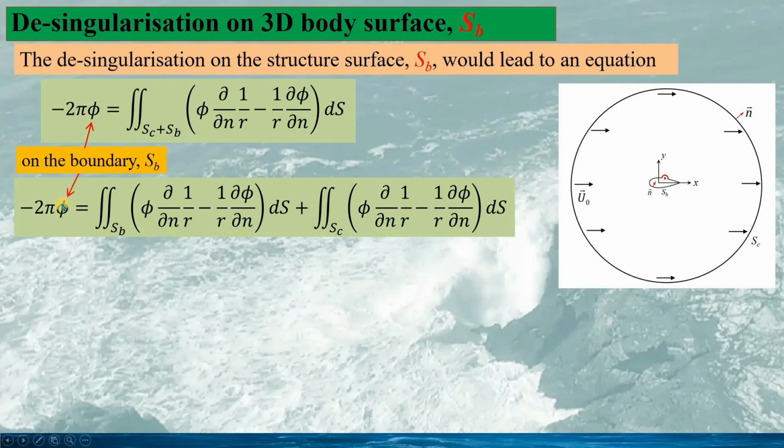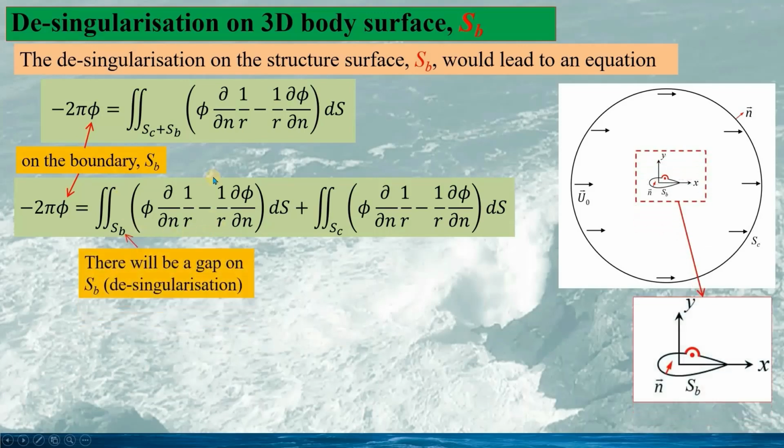Here, the potential phi is still on the boundary SB, and this part is the integral on the body surface, and we assumed the desingularization is on this surface, thus there will be a gap on SB, see here.